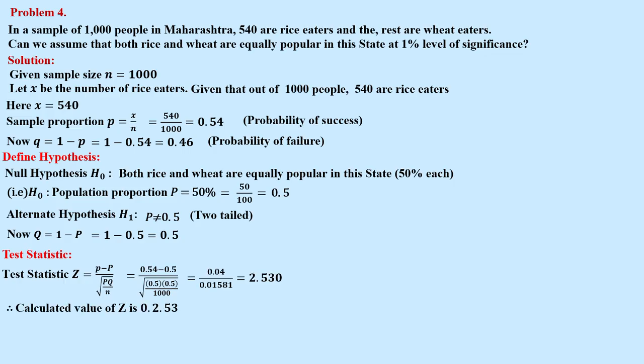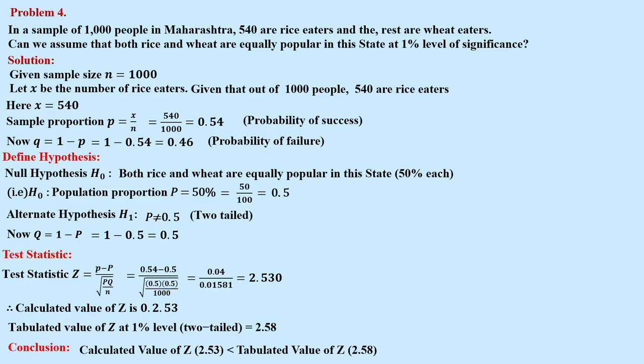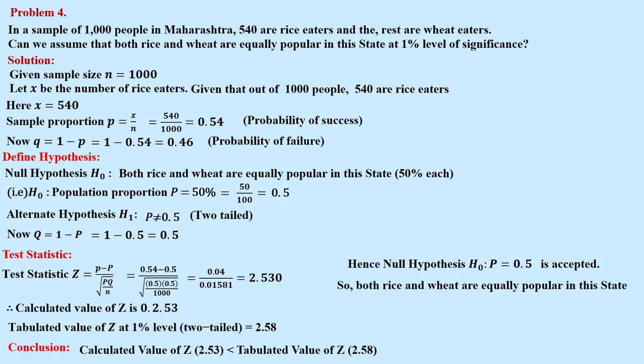The calculated value of z is 2.53, that is a typo error earlier. Now the tabulated value of z at 1% level, two tail, that is 99% confidence, is 2.58. Comparing, the calculated value is less than the tabulated value, therefore H naught is accepted. That means both rice and wheat eaters are equally popular in this state.